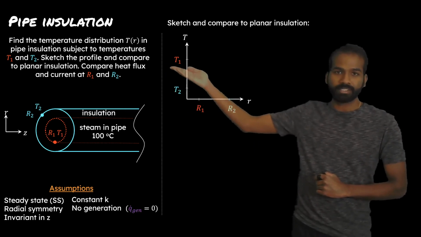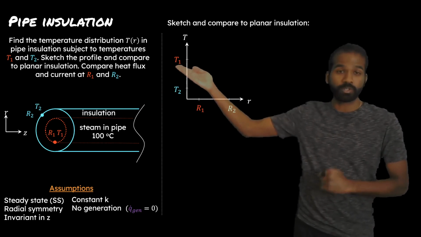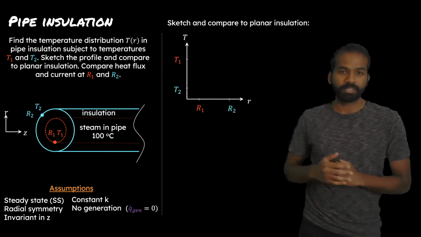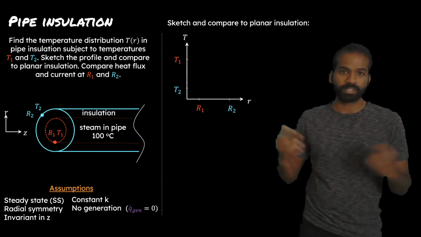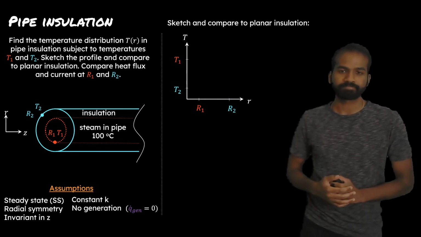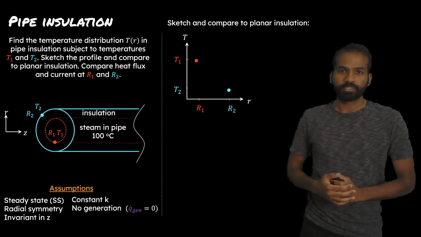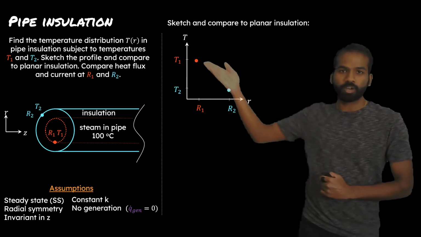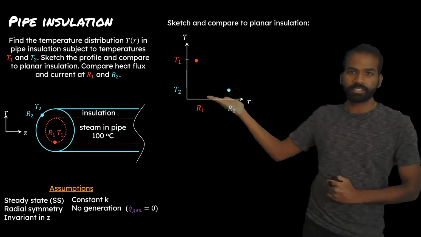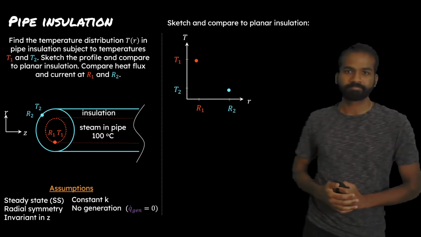You'll notice that T1 is higher up on this axis since we are assuming that the steam is warm relative to the surroundings, which are at T2. We plot these points, temperature T1 at r₁ and T2 at r₂.